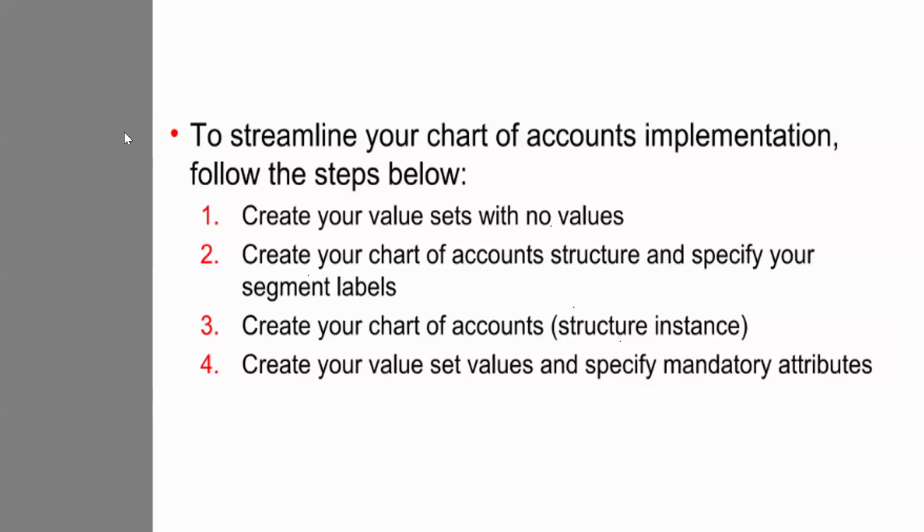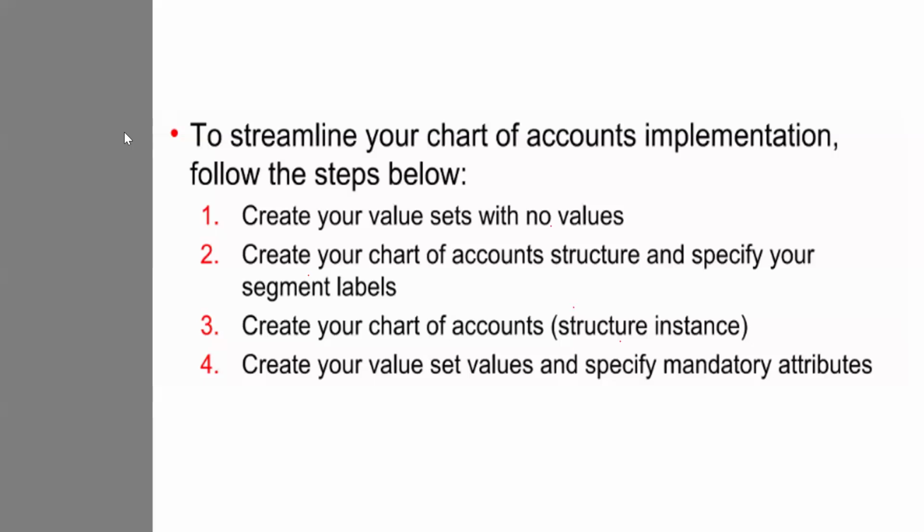Based on that, we get the list of segments to be created: company, department, account, product, project. There is a list of 5 or 6 segments to be configured. First we need to configure the value sets for the segments, company and department value sets, for however many segments we are going to configure.